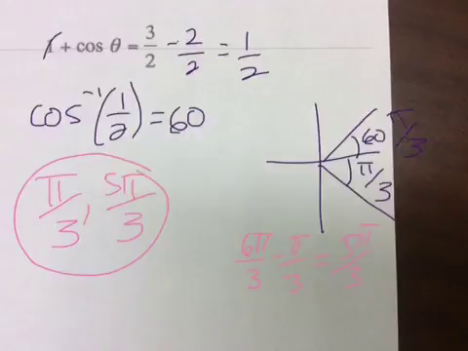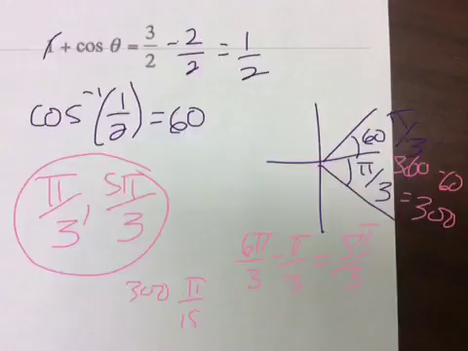So again, if you didn't want to do it with fractions like that, you could have said, okay, this is 360 minus 60, so that's 300, and then you could have gone 300 times pi over 180, and you would have gotten 5 pi over 3.